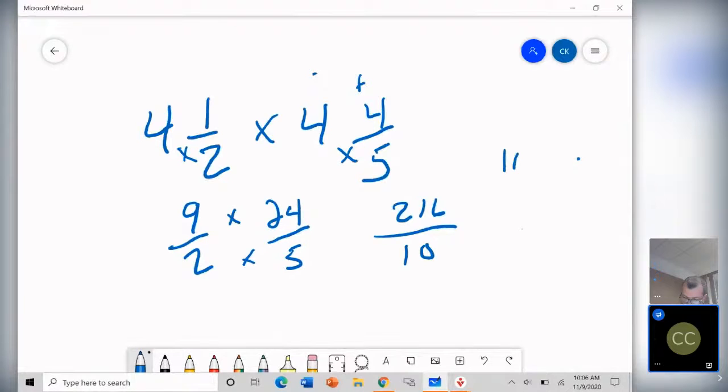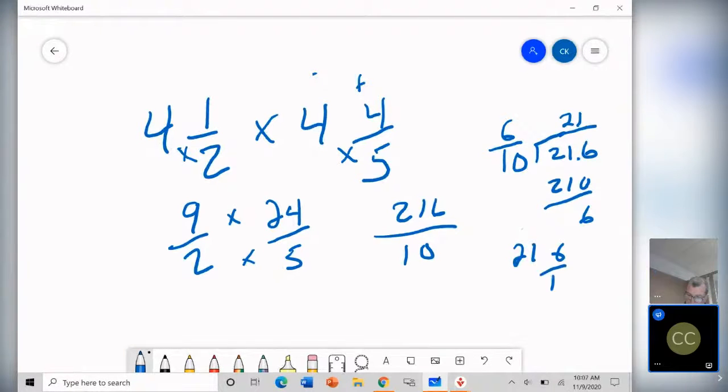Then what we do, 10 into 216, that goes 21 times, and that's 210. And there's going to be 6 over. So 21 and 6/10.